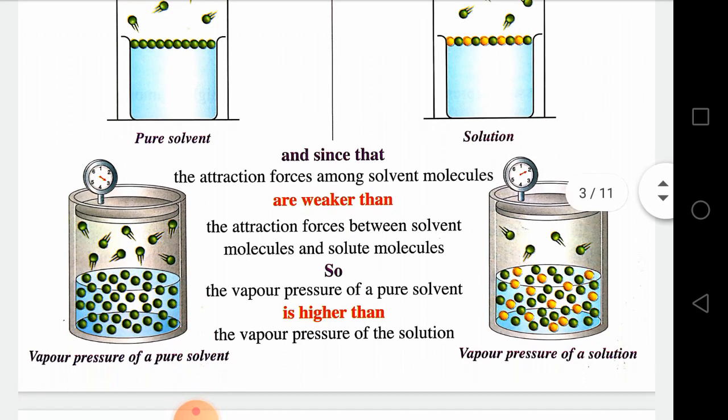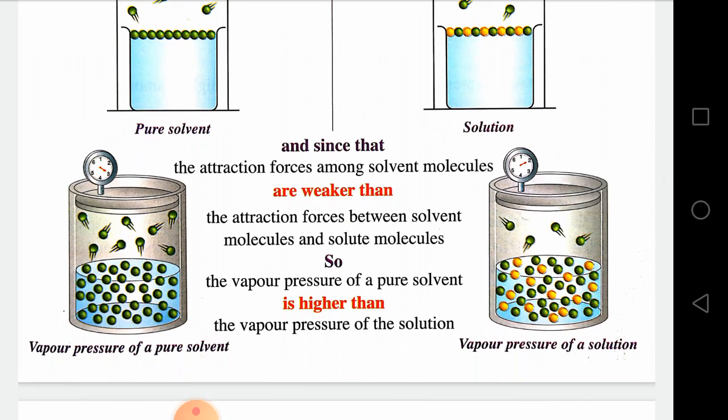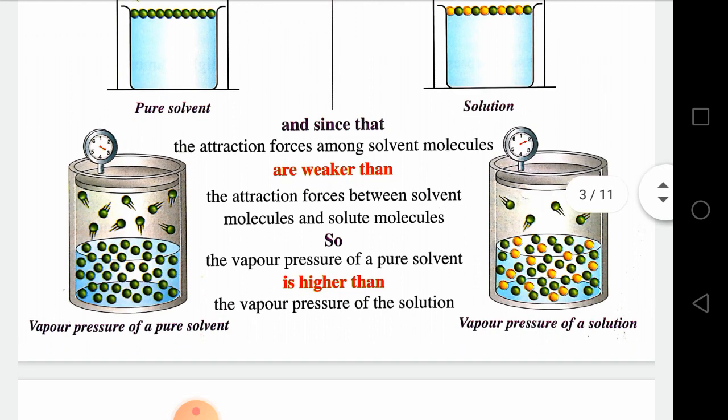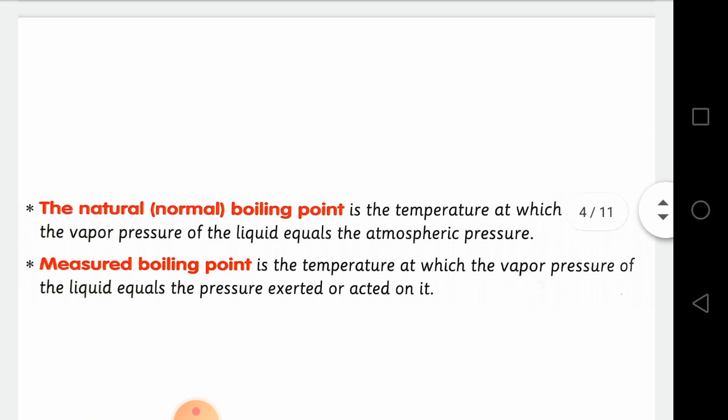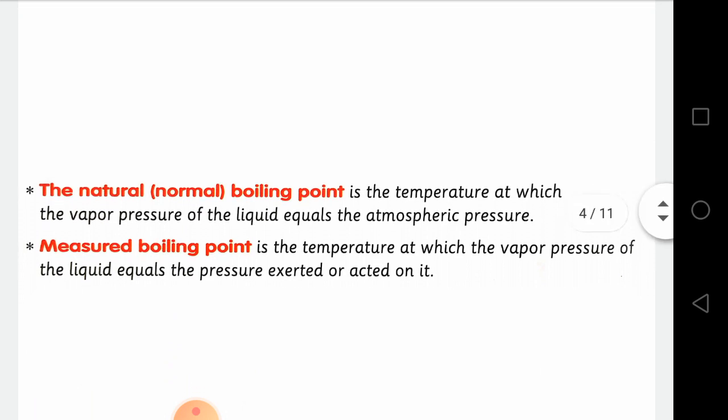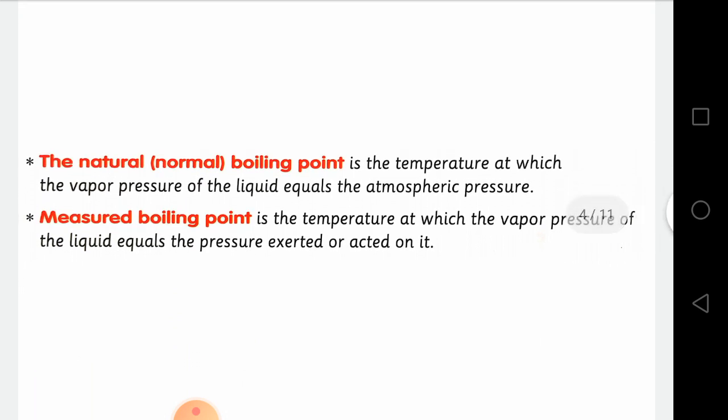This is also an apparatus used to measure the vapor pressure of a pure solvent and the vapor pressure of a solution. Now we will move to the elevation of boiling point. As we mentioned before, for any solvent to boil, its vapor pressure must equal the surrounding atmospheric pressure.